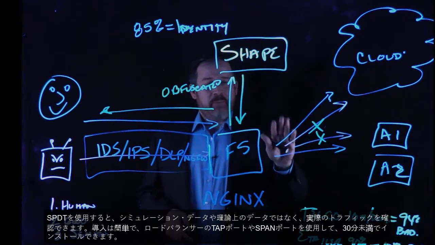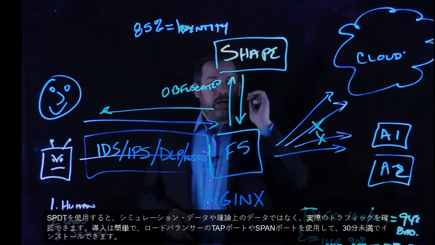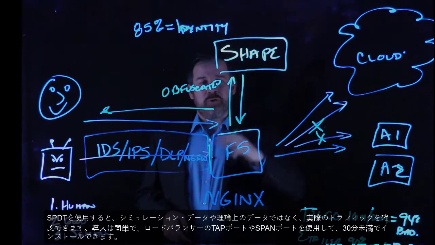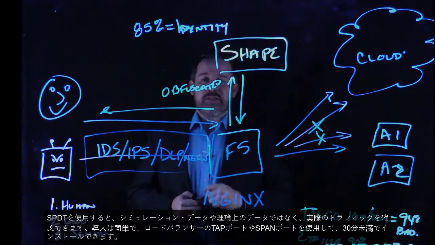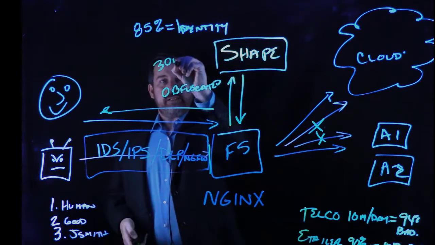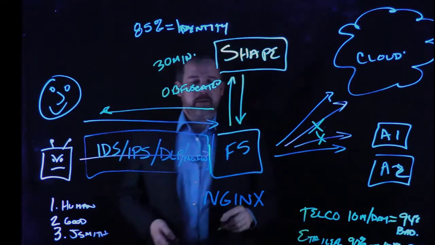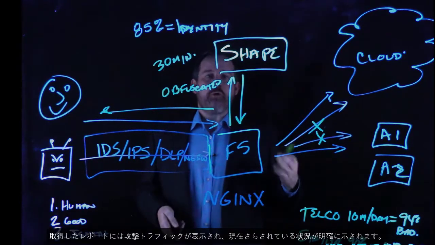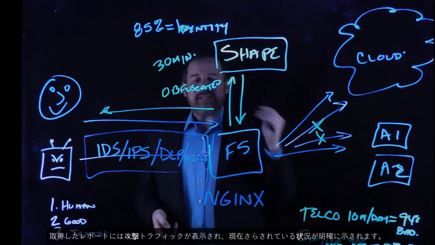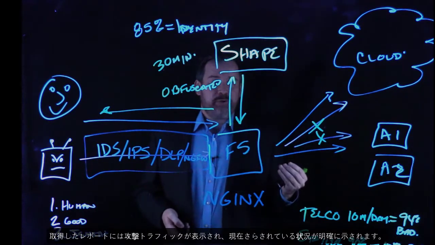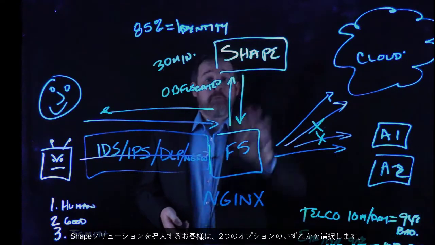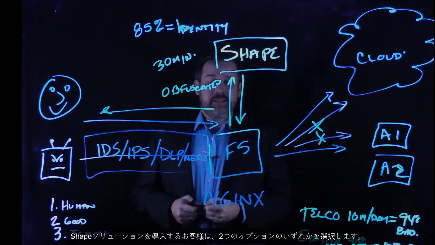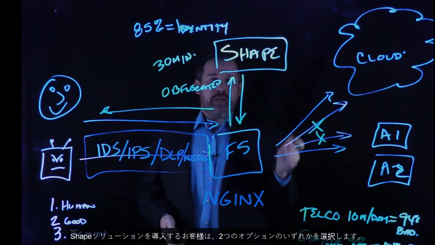It's easy to implement, uses a span port or a tap on your load balancer, and installs in about 30 minutes. The reports that you get from that will show you your attack traffic, and it provides a clear picture of your current exposure.